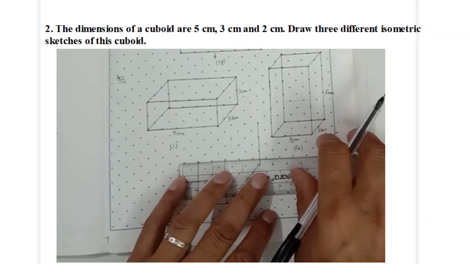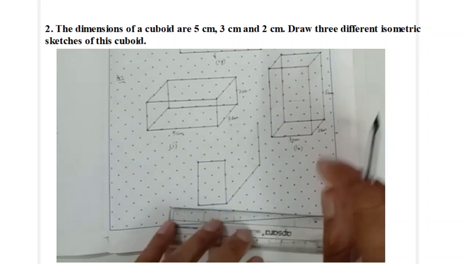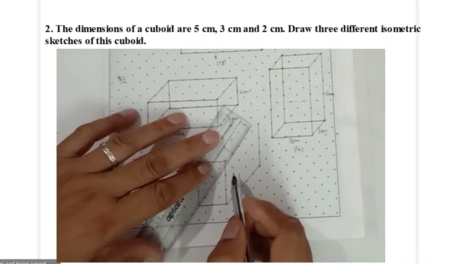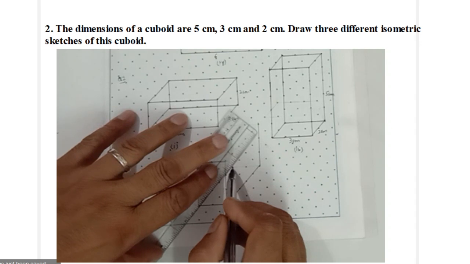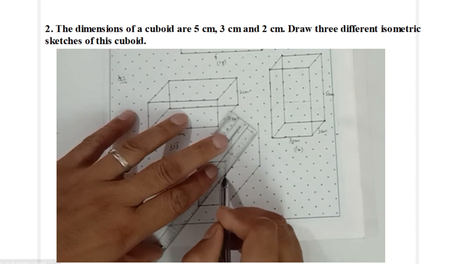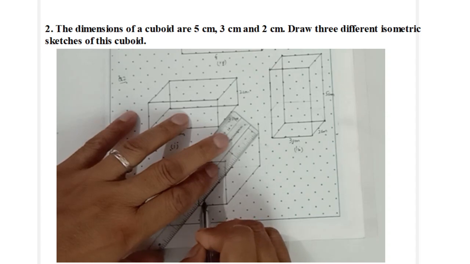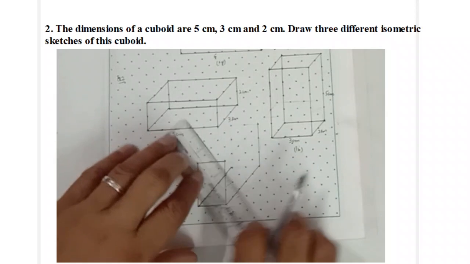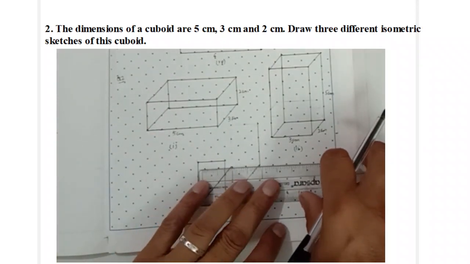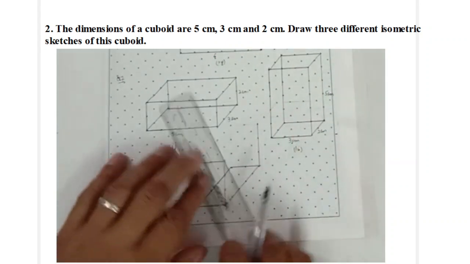Here length is 2 centimeter. Draw 2 centimeter. Then here breadth is 5 centimeter, that is 5 points, 1, 2, 3, 4 and 5. Then here 2, that is 1 and 2.